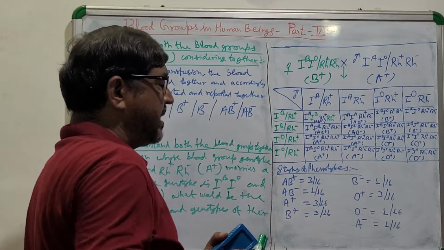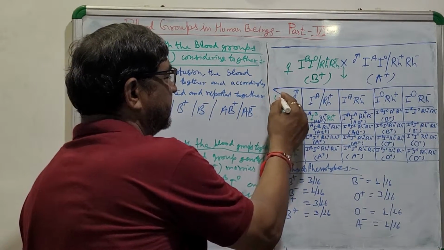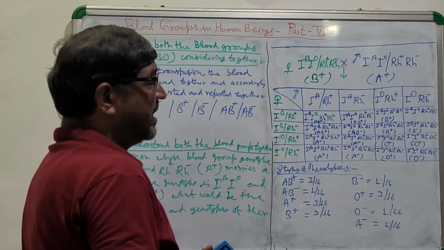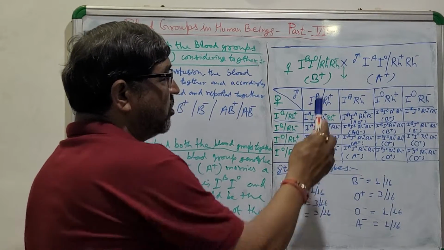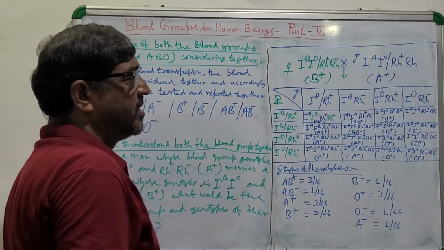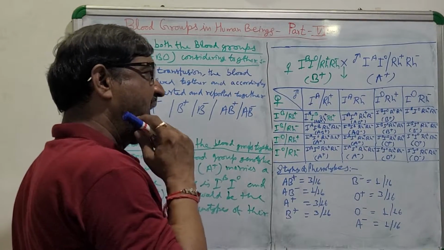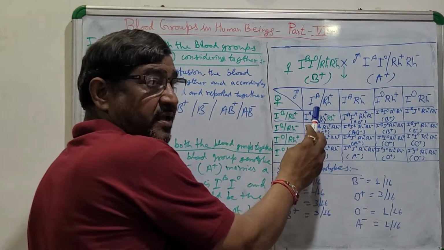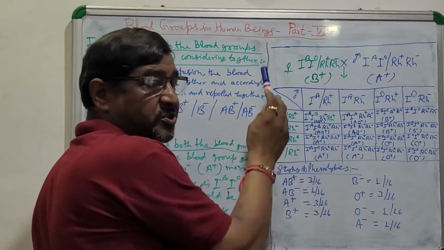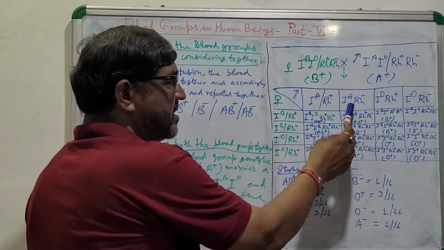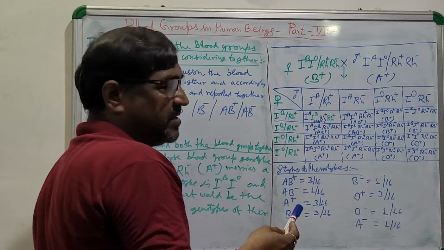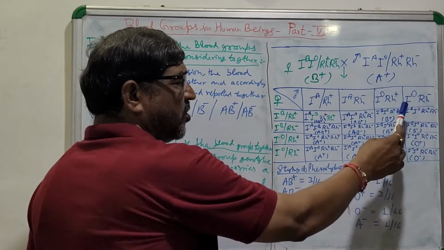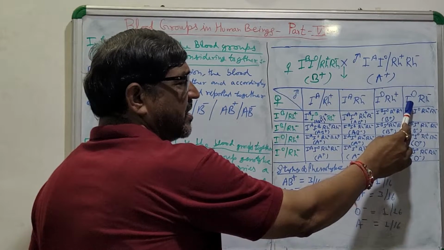If you see the male, what type of gametes are being produced? There will be four types of gametes produced by the male: A positive, A negative, O positive, and O negative.